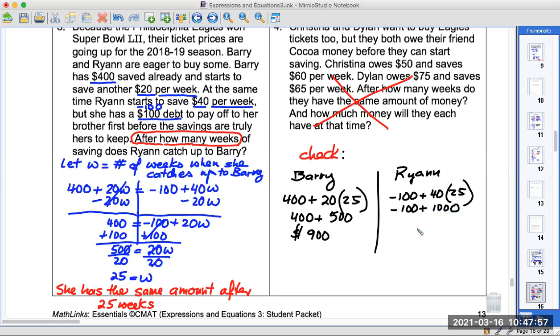So 1,000 take away 100 is 900. See how they both have the same after 25 weeks. So this is the number of weeks, and they both have $900. And that's how you can check.